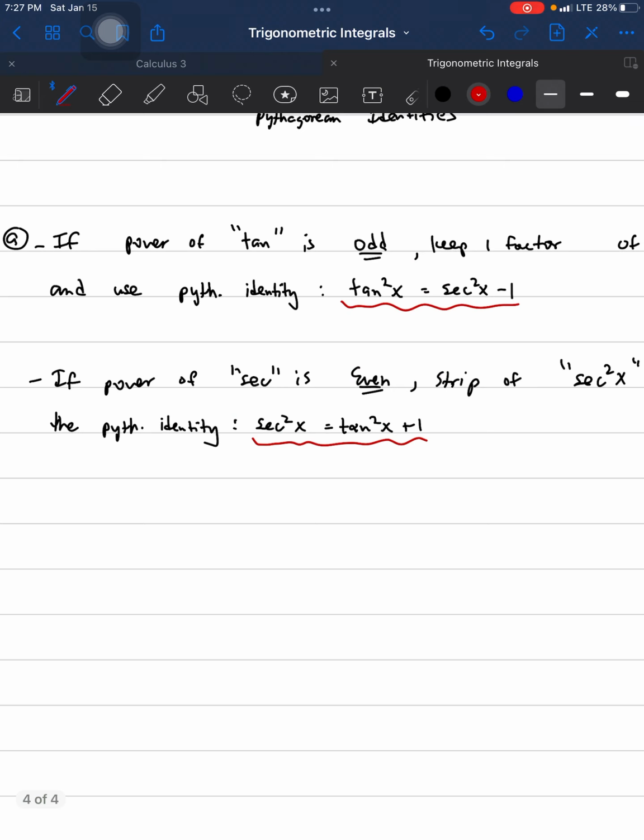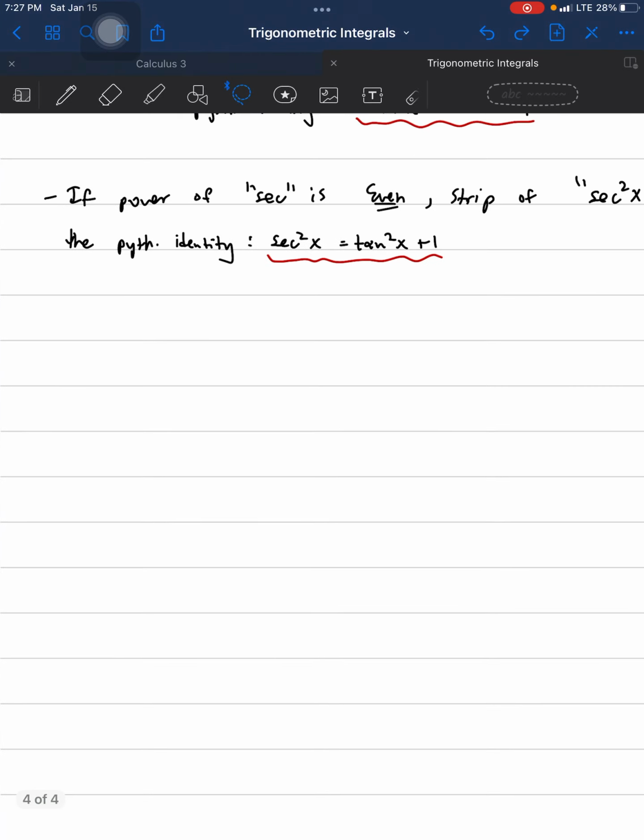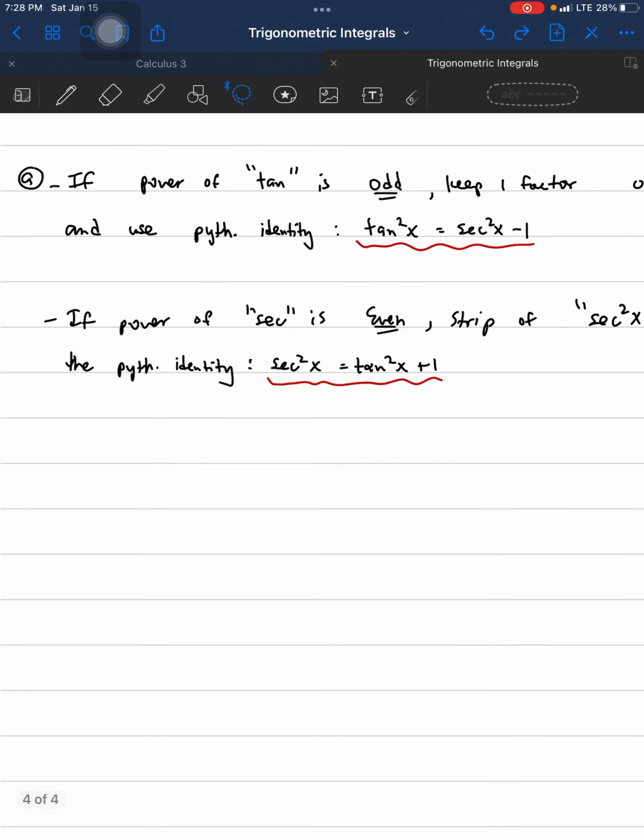And another part, just like I said, we're going to be using u. U would be tangent in this second part of the statement. The rule for tangent in the first part, right? We said that we're going to be using this identity, and we're doing this so we can make everything in terms of secant. And in this case, we're going to be setting u equal to secant and then solving. So there's a lot of methods you could do in trig integrals.